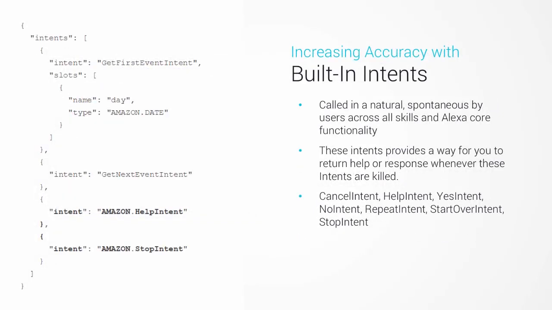Now, the last part of the interaction model is built-in intents and sample utterances. So built-in intents give you the ability to add on to your existing intents. So here you can see another example. It has two: get first event intent and get next event intent. But then you see these Amazon.HelpIntent and StopIntent and all of these types.